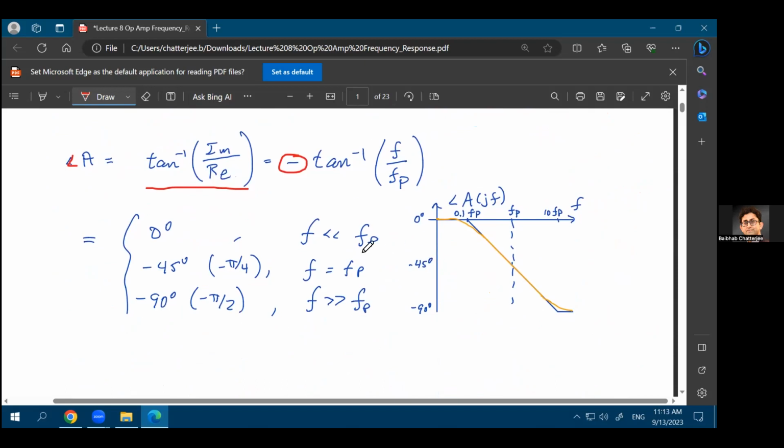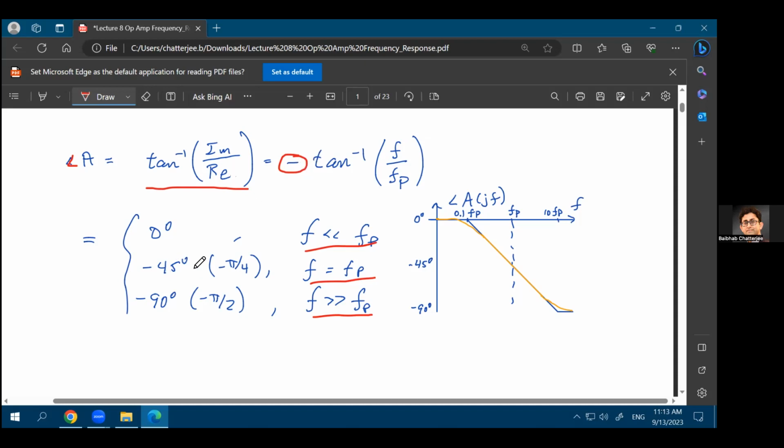And again, if you do the same thing for f much lower than fp, f equal to fp, and f much higher than fp, you'll see that it is 0 degrees when f is much lower than fp. So f is very small, your numerator is very small, so the tan inverse of almost 0 is 0 degrees. When f is equal to fp, your numerator and denominator are equal, you have a tan inverse of 1 with a negative sign.